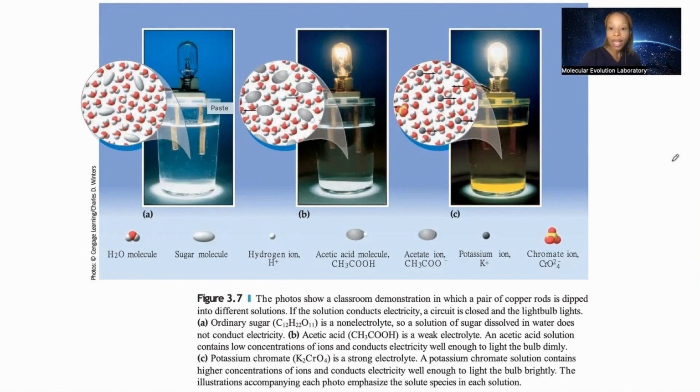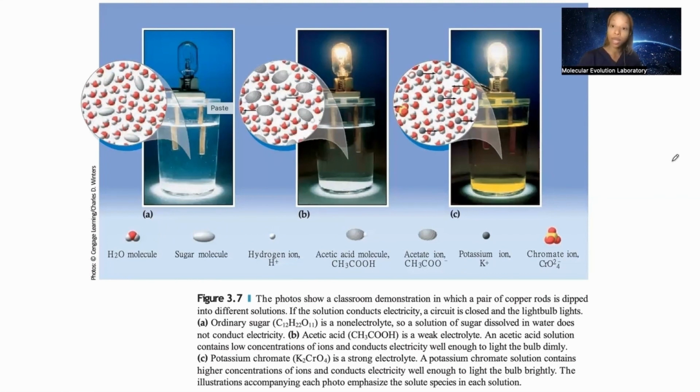The photo shows a classroom demonstration in which a pair of copper rods is dipped in different solutions. If the solution conducts electricity, a circuit is closed and the light bulb lights. Ordinary sugar, C12H22O11, is a non-electrolyte, so a solution of sugar dissolved in water does not conduct electricity.